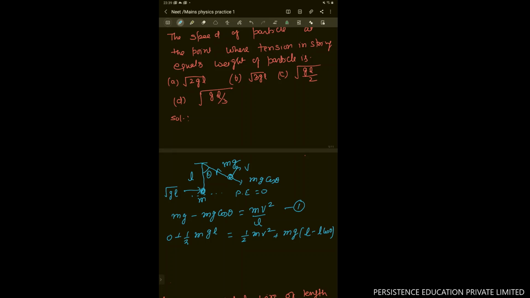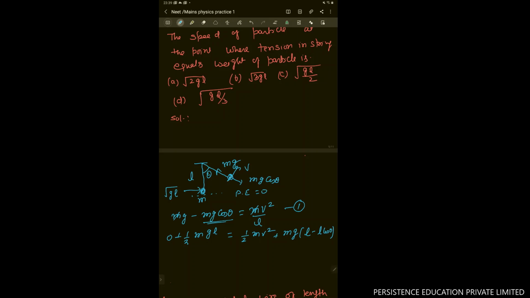So we have got something like this. Now what we want is for mg cos theta to go away, because our target is to find the speed at this particular point, right?